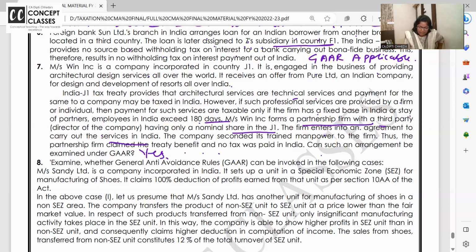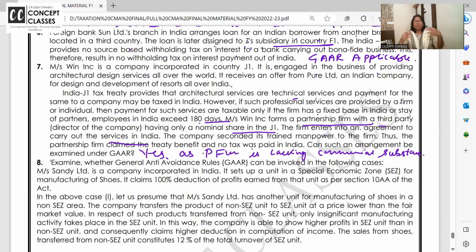समझ में आ रहा है? यहाँ पे लिखो, as partnership firm is lacking commercial substance. Partnership firm is lacking commercial substance. काम ही क्या है?